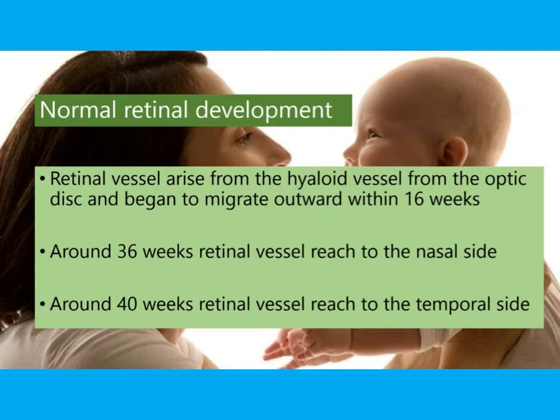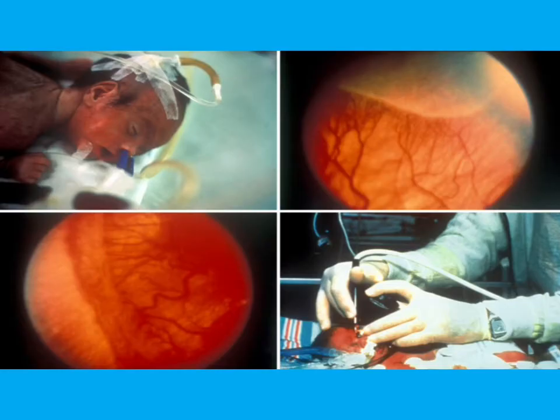From about 16 weeks the retinal blood vessels start to migrate to the retinal periphery, and at about 36 weeks the blood vessels reach the nasal quadrant of the retina. Between 40 to 42 weeks, the blood vessels complete their distribution to the temporal retina, the temporal side.